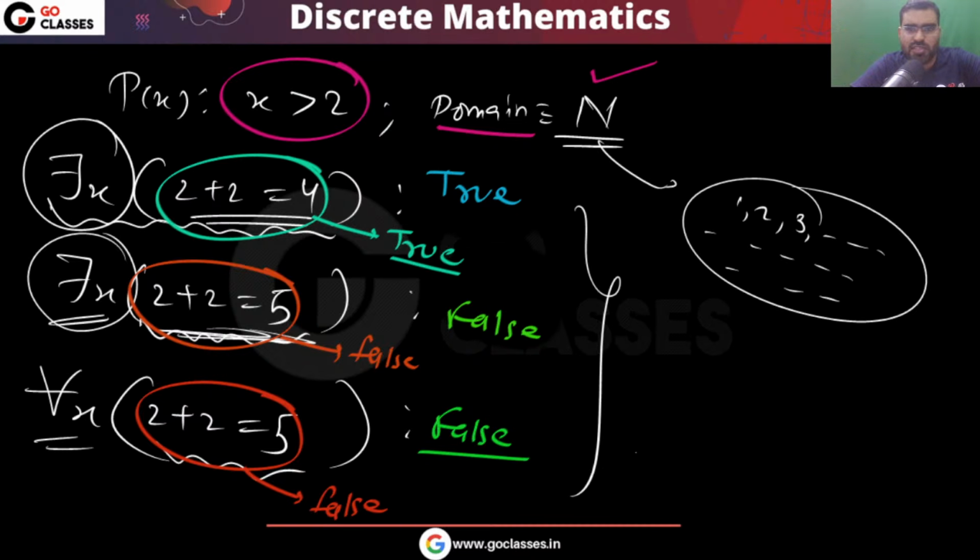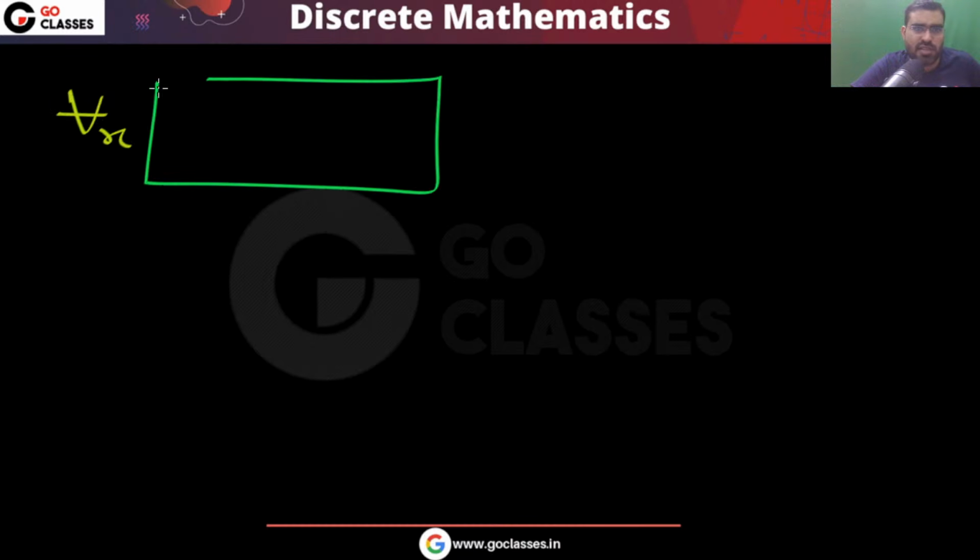A simple observation you can make is this: if your internal expression is not dependent, for example, for all x, and if this expression is independent of x, let's assume you have some expression E, and this expression E is independent of x.